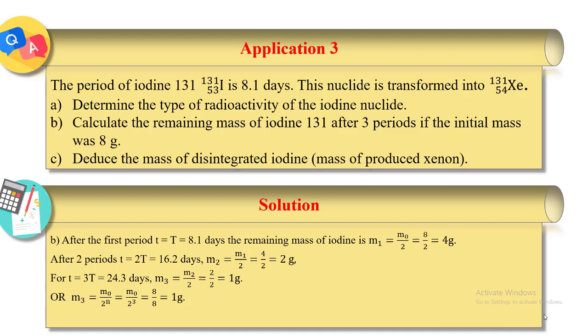And after 3 periods, the remaining mass is 10 grams because 20 over 2 gives 10 grams. Or we can calculate it directly using the relation m0 over 2 power n. In this case, n is equal to 3. So the remaining mass is 80 over 2 power 3. It gives 80 over 8, which is equal to 10 grams.